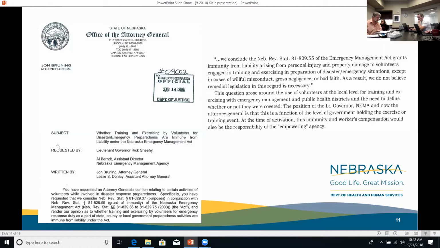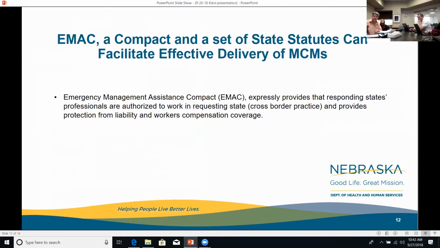So at the local level during training, the workers' comp issue probably falls on the local emergency management's workers' comp carrier. That's something that U.S. volunteers don't have to really worry about. So I mentioned EMAC, it's the same thing. It's another layer of protection as well.